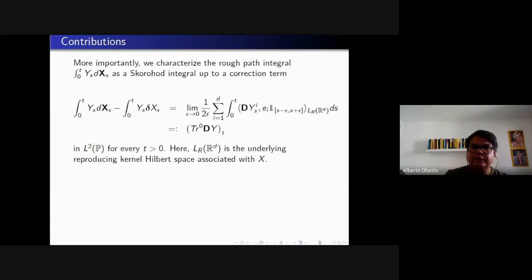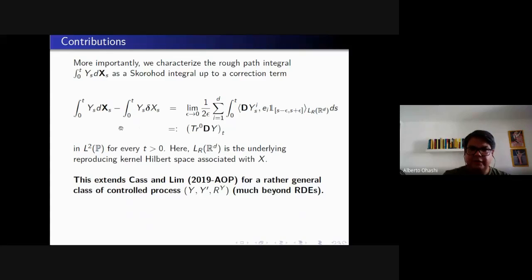And more importantly, we show the connection between the rough path integral and the Skorohod integral in the very general case, and we identify the correction in terms of a trace term specified in terms of the Malliavin derivative of y.